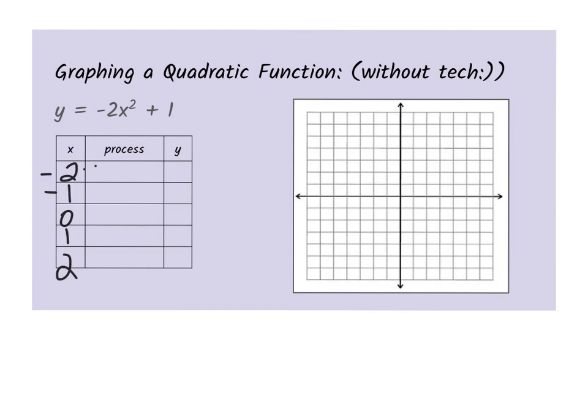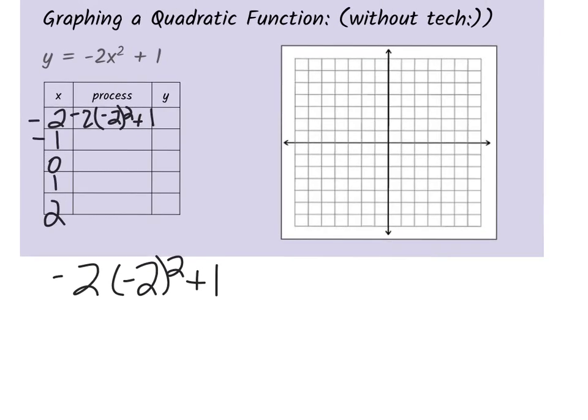Okay, and so now, I should have made my process column a little bigger. I'm going to do negative 2 times x, with x being negative 2. So negative 2 times negative 2 squared plus 1. Okay, and I'm going to do that down here so you can see. Now, of course, if you're using a calculator, you could just put that in and hit enter.